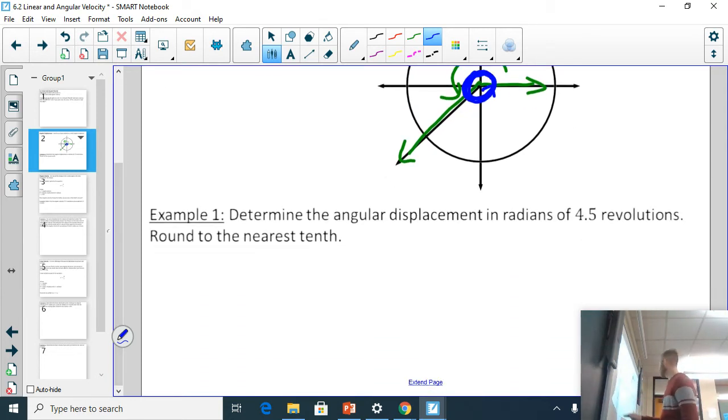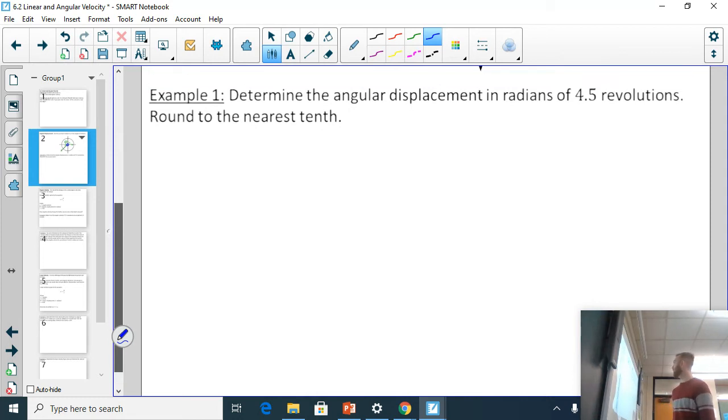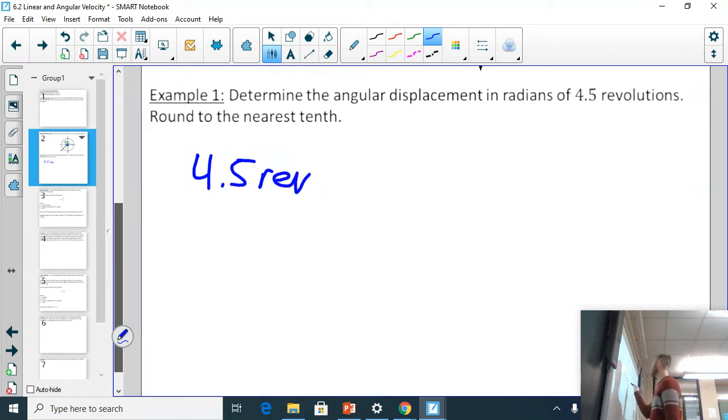So for our first example, it says determine the angular displacement in radians of 4.5 revolutions. So we have 4.5 revolutions, and then we know that there's 2 pi radians per revolution.